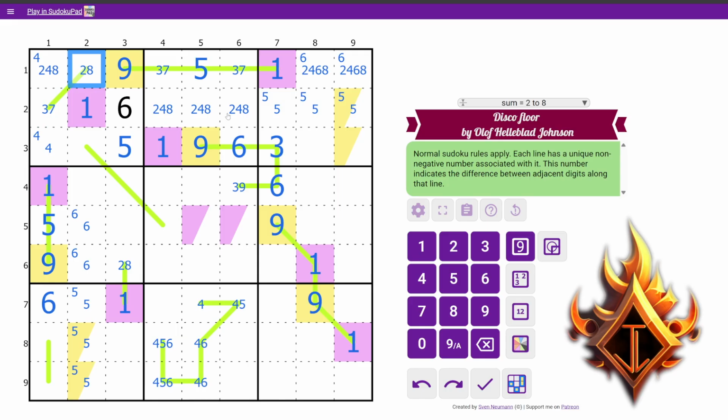So this is a difference of 5, which means that this is a difference of 6, which has to be 2, 8. Which puts 4 in the corner.